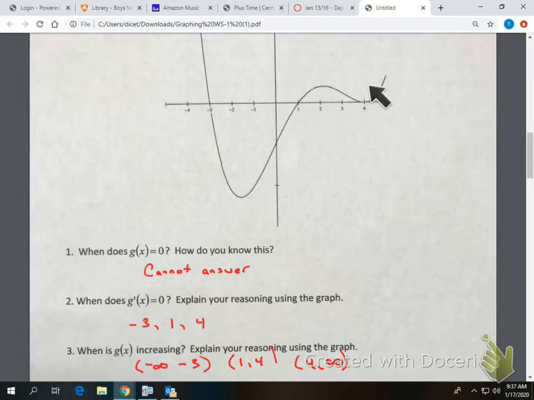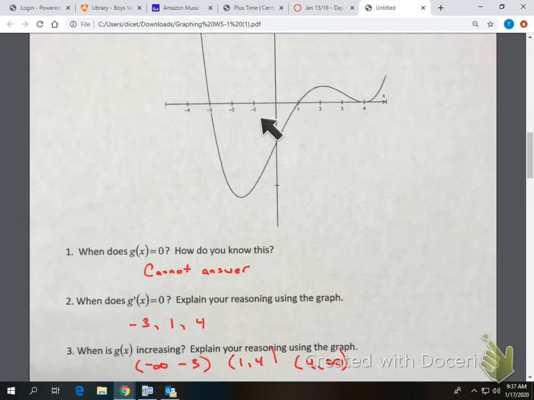Concave down, concave up. Why? Because this is the derivative graph. What's the slope of every tangent line if your graph is decreasing? The slope is negative. That means the second derivative is negative. And if the second derivative is negative, doesn't that tell me concave down? If the second derivative is positive, doesn't that tell me concave up?